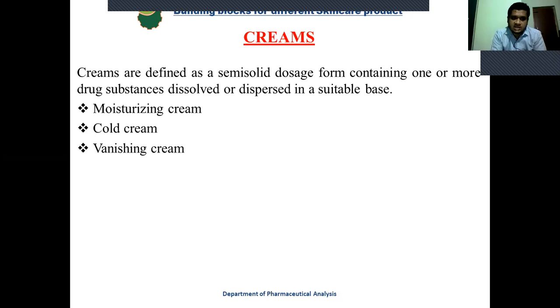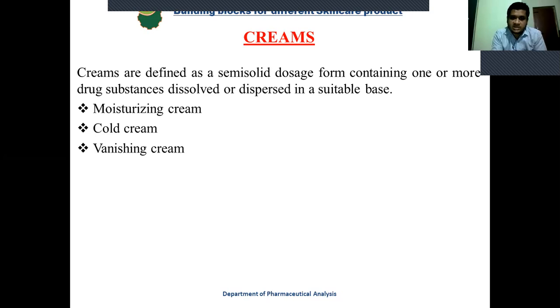Okay, and that type of cream we can also use as a base for other types of cosmetic products, like various types of makeup. There are various types of makeup that we can apply after applying the vanishing cream.